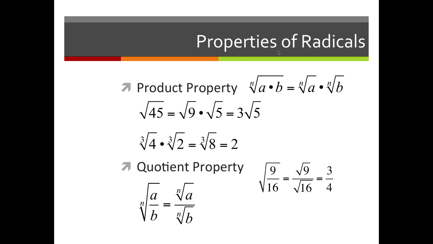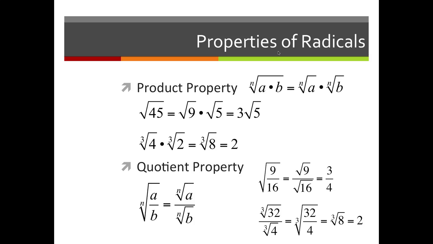I could start off with the root of something like 9/16, and then I can take the square root of the 9 and the 16 separately to end up with an answer of 3/4. Or I could have something like the cubed root of 32 over the cubed root of 4. If I combine those and make it the cubed root of a single fraction, like 32/4, then 32/4 can be simplified to just 8, and again, cubed root of 8 would give me 2.